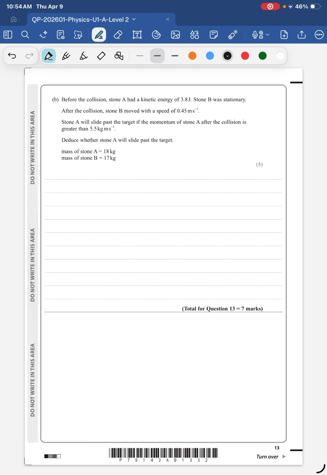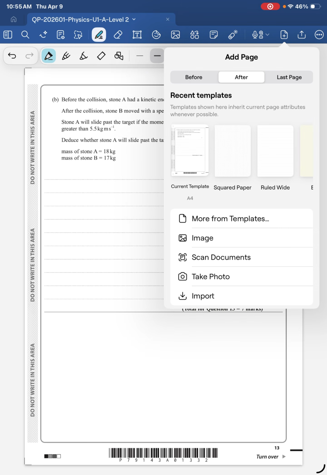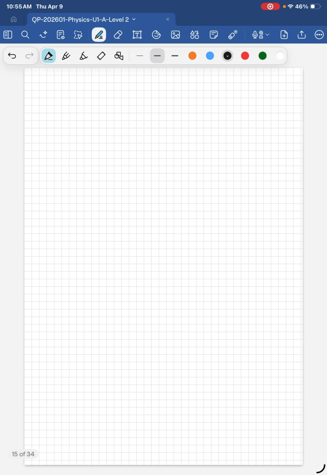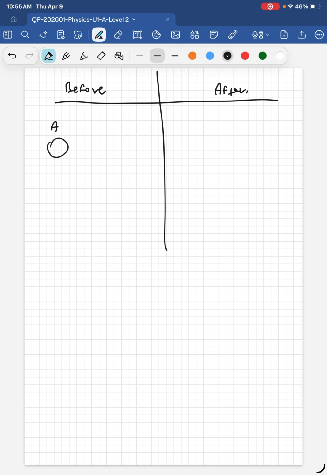Let's draw the situation. Let's create a clean page. So we have before and after. We have stone A with velocity UA, and stone B, which is stationary. After the collision, we have both stones moving, VA and VB.